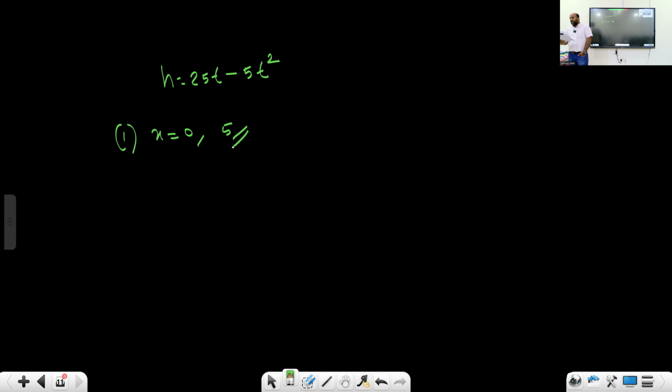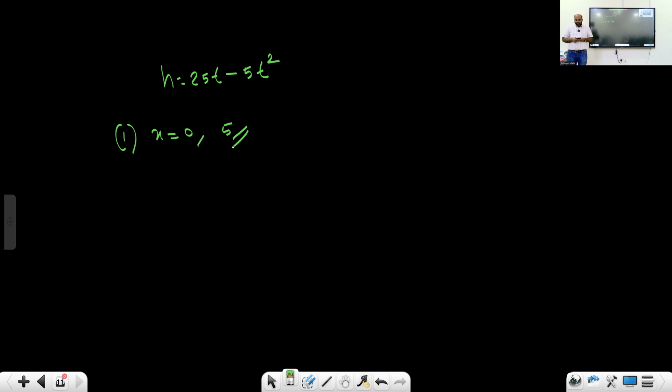Maximum height comes at where? When t equal to 5 by 2. See the diagram, then only you can understand. Maximum height, not x, t.